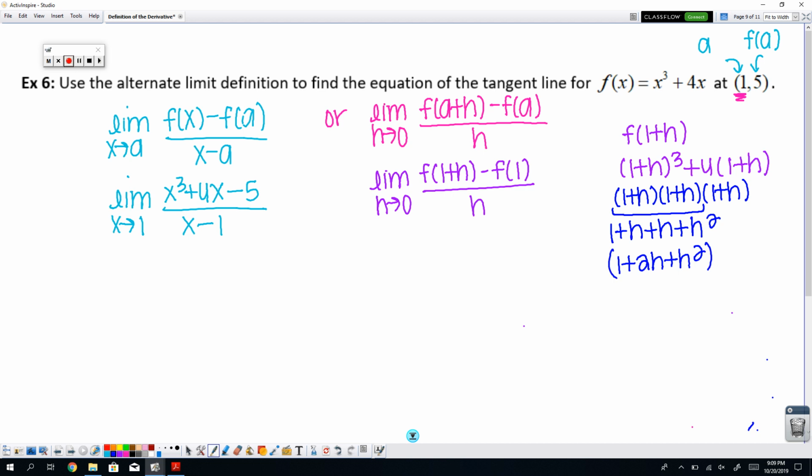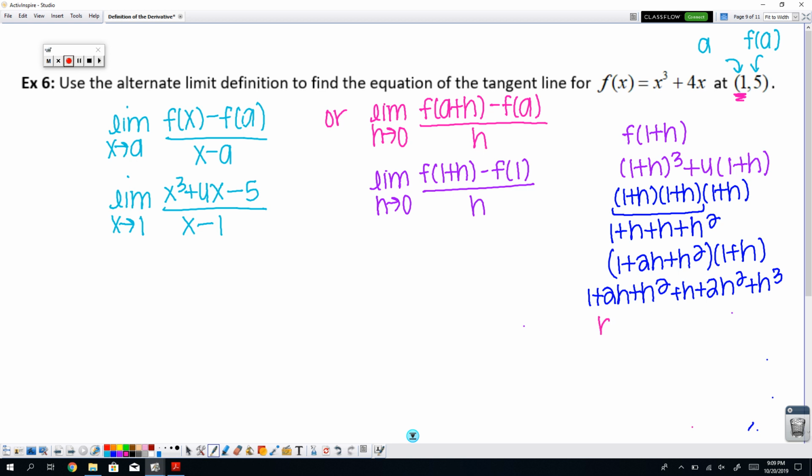Now we need to multiply that by 1 plus h. Now we'll do the h. Distributing the h, 1 times h is h, plus 2h squared, plus h cubed.